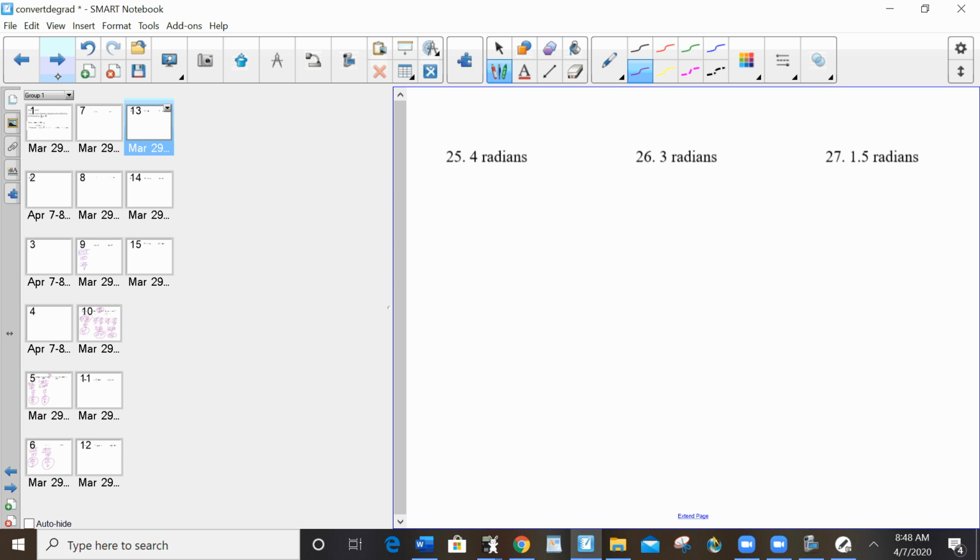There's no pi in these examples. No problem. To convert to degrees, I multiply by 180 over pi. Now, there's no pi's to cancel here. It doesn't say in terms of pi. Did I say what to round to? I should have.